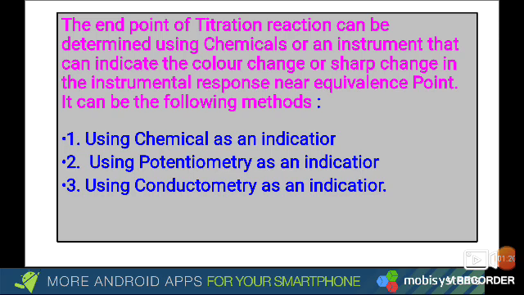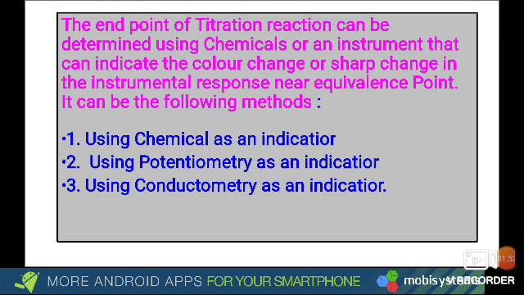That means whenever the titration reaction is completed, with our bare eyes we cannot find out that the reaction is completed, that the equivalence point is achieved. So what you have to do is add some particular chemical which can show you a color change, or you can use some instrument which can show you the instrumental response, where you can find out that the reaction is completed.